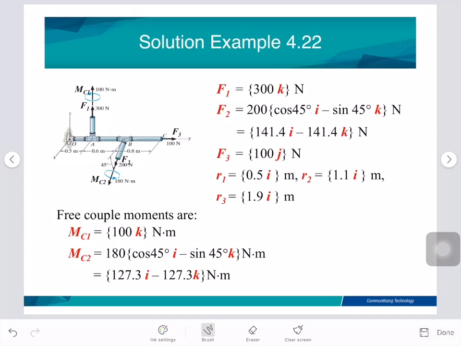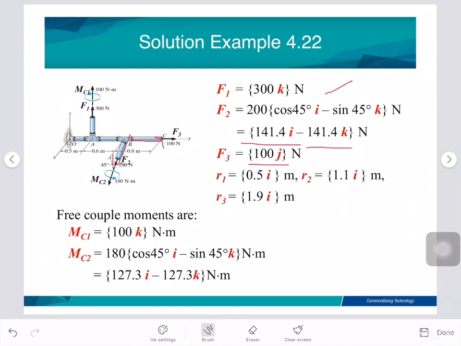So this is how we solve it. F1 is 300K, F2 here is 141.4I minus 141.4K, and F3 lies in 100J.